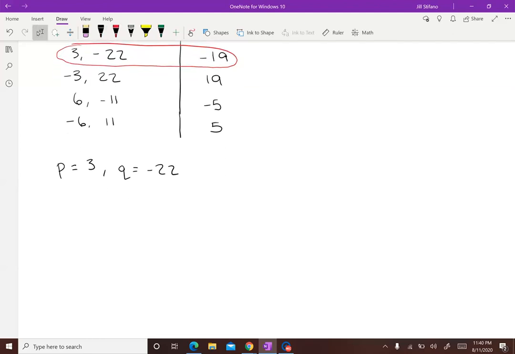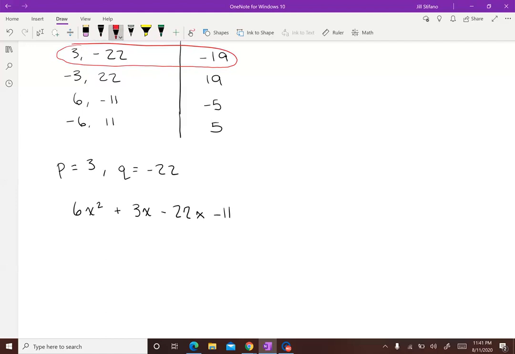Following the formula that the book demonstrated, we can rewrite our polynomial as 6x squared, and then here we split the bx term into px plus qx. So we get 3x minus 22x. And then we have our last term, minus 11.